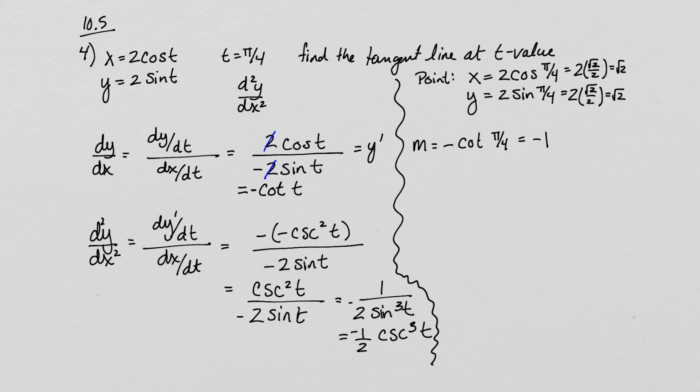So now that I have a point and the slope, I'm just going to use point-slope form. So y minus root 2 equals m, negative 1, times x minus the x value, so x minus root 2. Does that help for that one?